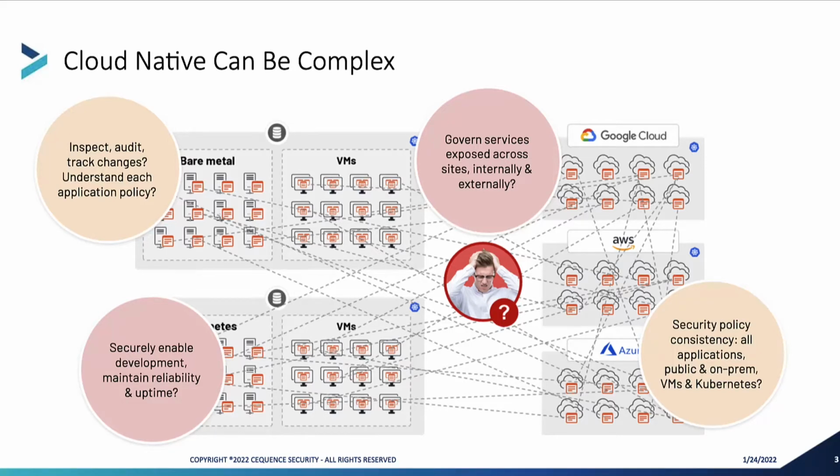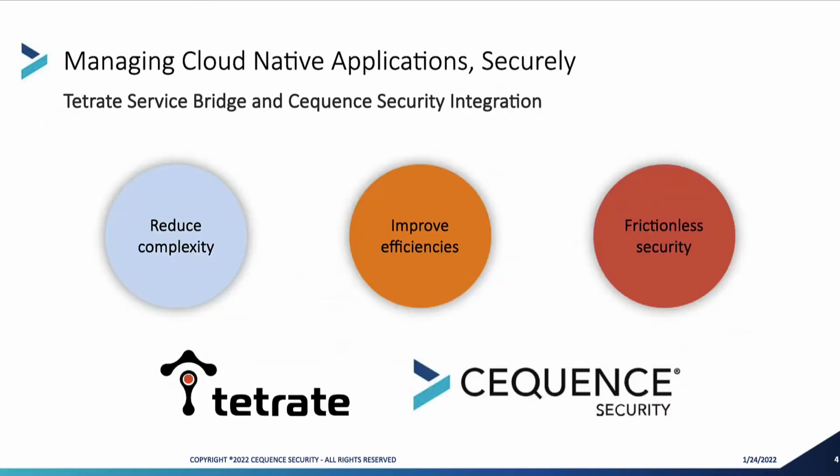How are you going to maintain consistent security policy? So one way to do that is to work with Cequence and Tetrate, who we have just established a partnership with to manage cloud-native applications, I should say, securely.